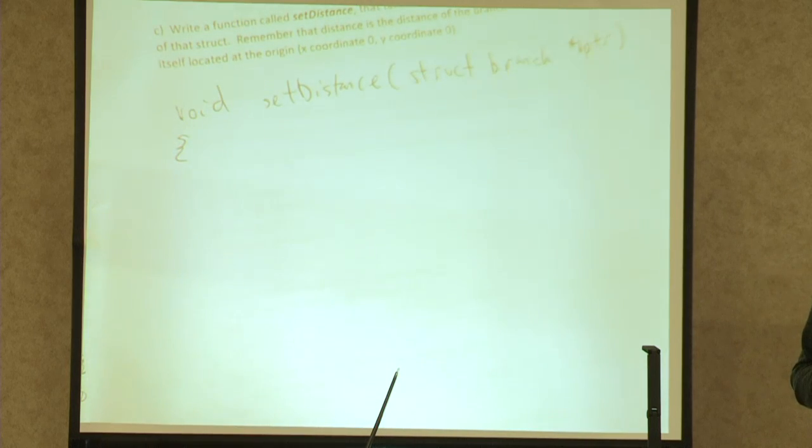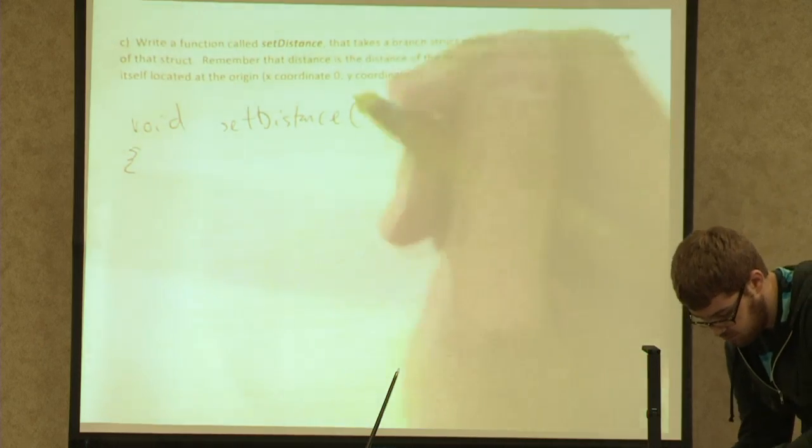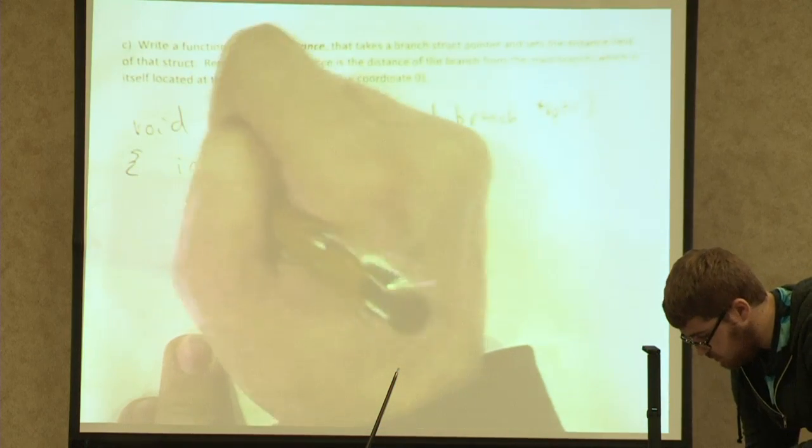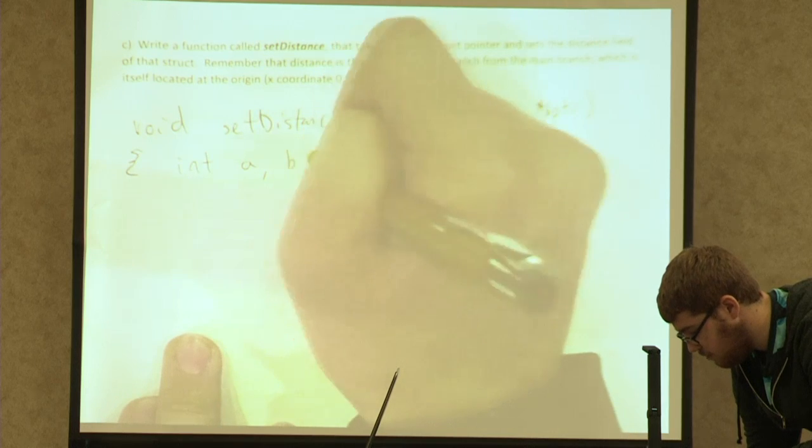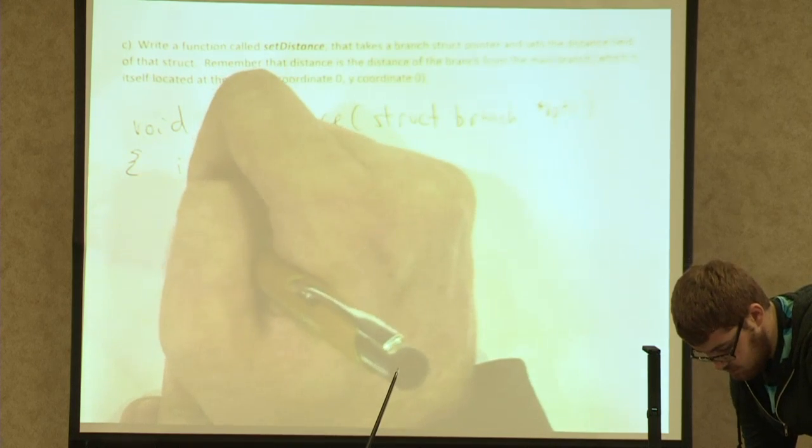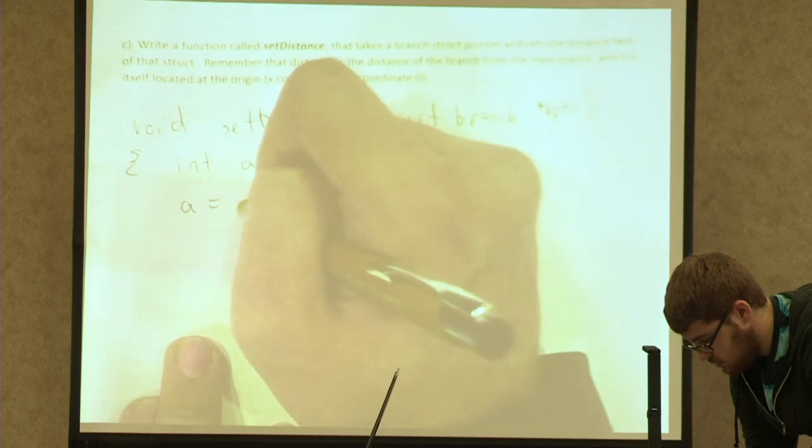Whenever you know, hey, I want to calculate the distance for this one, then you put it in there. So then this one is going to be int a and then b, because for distance you're going to use Pythagorean's theorem.